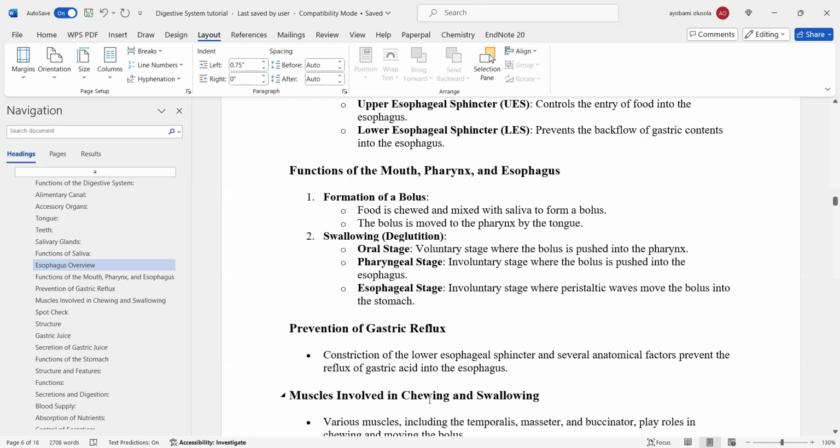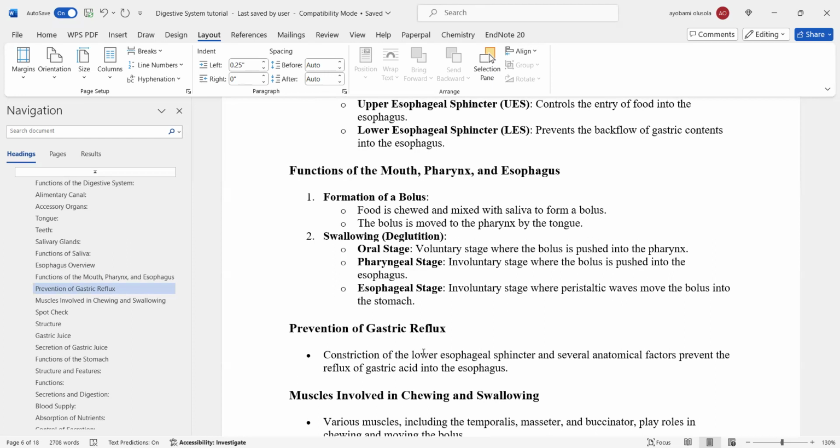Like I said, I've already given you this. Gastric reflux means the movement of the stomach content back into the esophagus and to the throat. The reason why this is not good is because when you eat, the stomach releases hydrochloric acid.